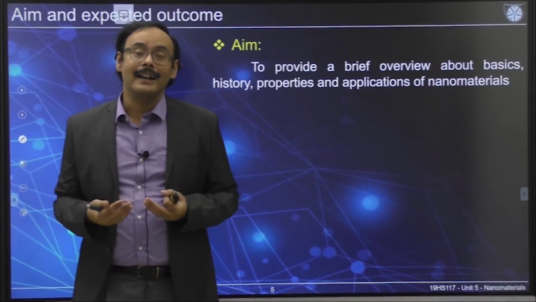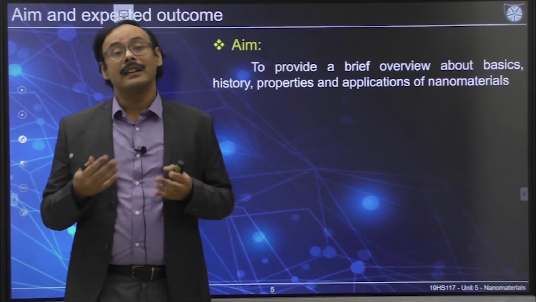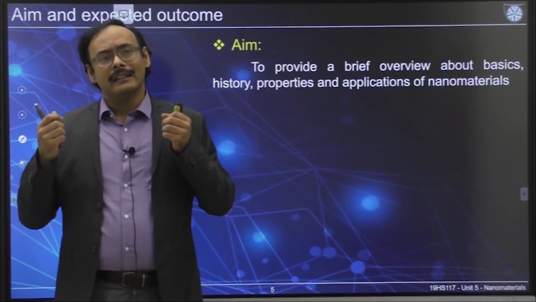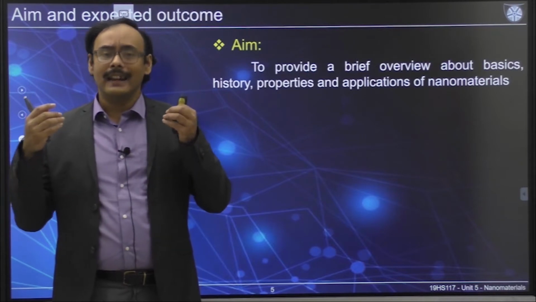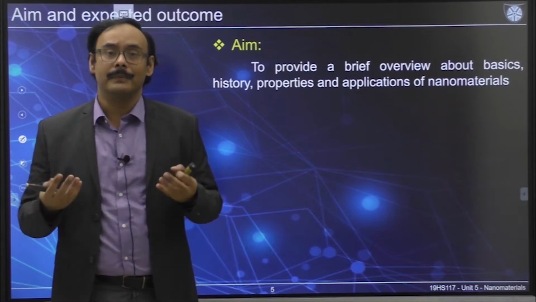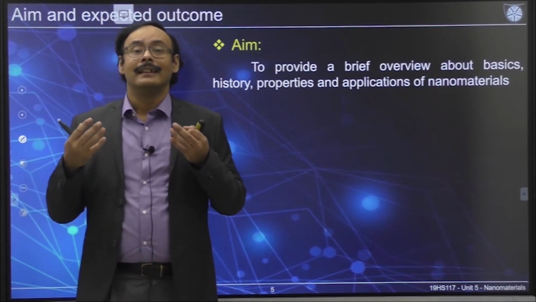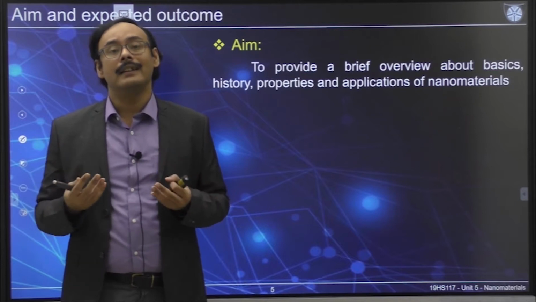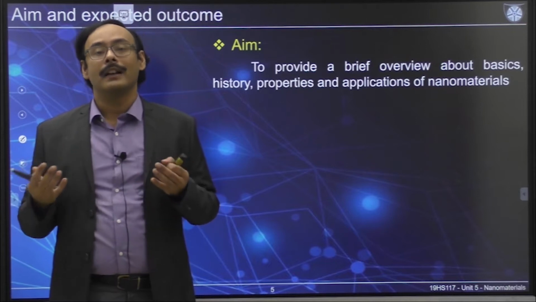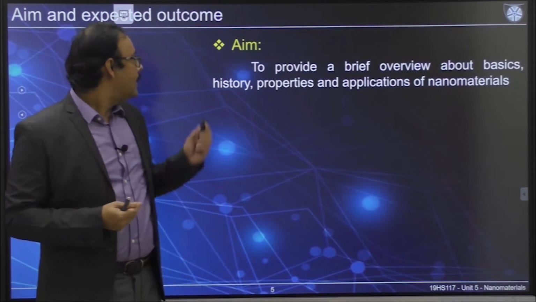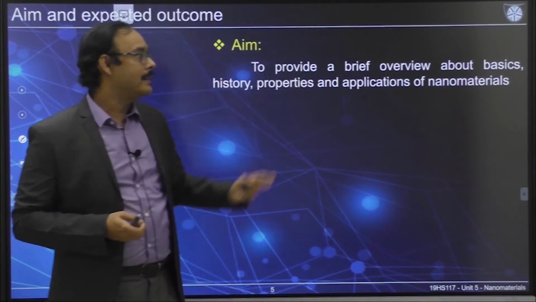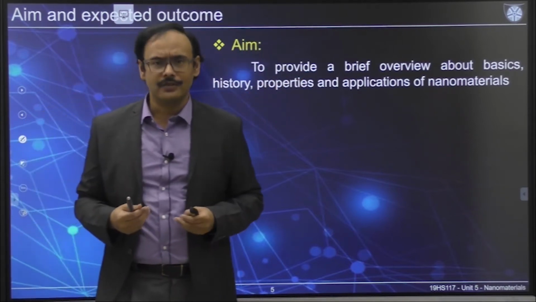Hopefully by the end of this class, I will be able to convince you that at least some part of it is absolutely necessary, not only for science or engineering but for whatever you are studying. If you want to work in an ever-growing field, then probably you are going to be using nanomaterials in one way or another. Our aim is to provide a brief overview of the basics, history, properties and applications of nanomaterial. This is what we just talked about.